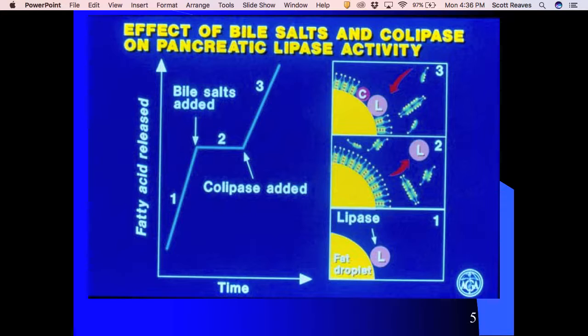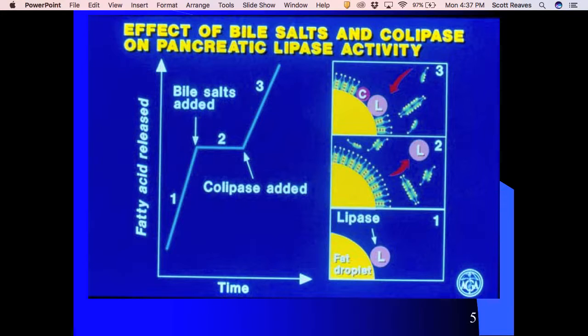Why don't colipase and lipase just go in together, like in the beginning? I don't know the sequence. I haven't seen anything on that. Good question. Colipase has a binding site for the lipid droplet, and it's got a binding site for the enzyme. I don't know if it can bind to the enzyme without first binding to the lipid droplet.